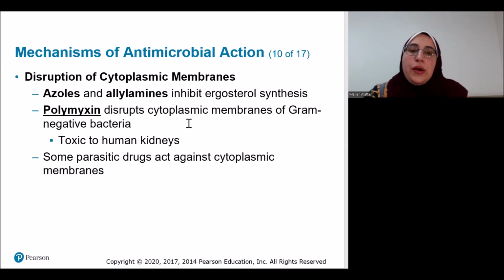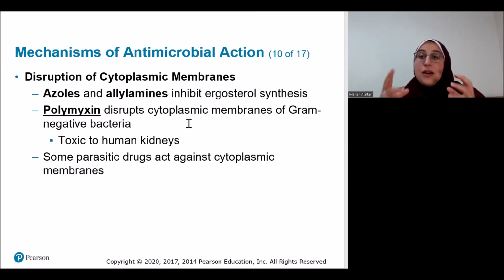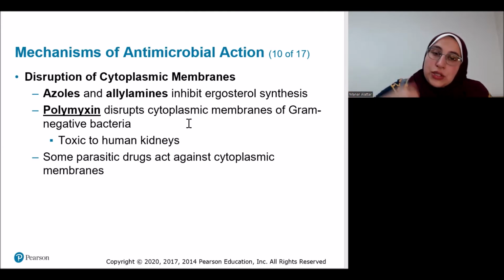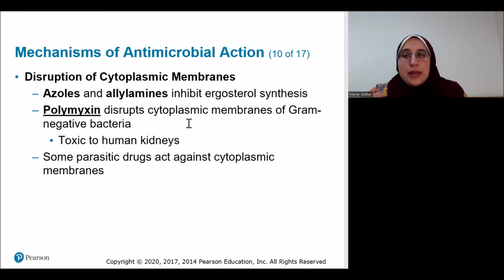One note on polymyxins is that it's also a chemical that can impact the kidneys of the host. So it's useful against gram-negative infections like Pseudomonas infections, but it should be used very carefully because in the long term it can have impacts on the kidneys of the host.